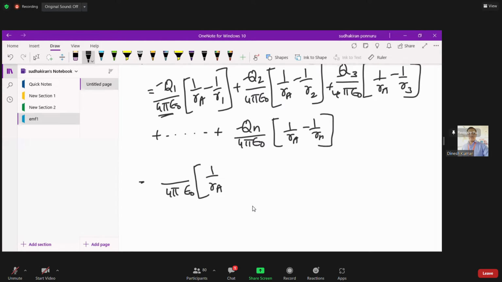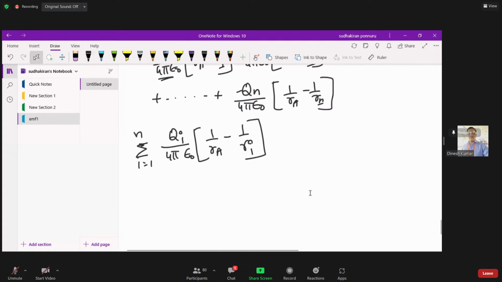Similarly we have 1 by R1, 1 by R2, 1 by R3 up to 1 by Rn, which also follows a sequence. If we write it in the form of a sum, sigma i equals 1 to n, in place of Q1, Q2, Q3 up to Qn, I can write Qi times (1 by RA minus 1 by Ri). So this is the final expression.